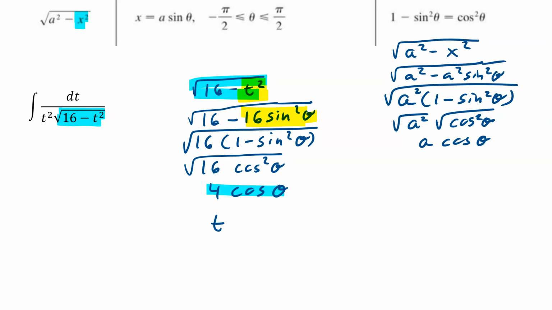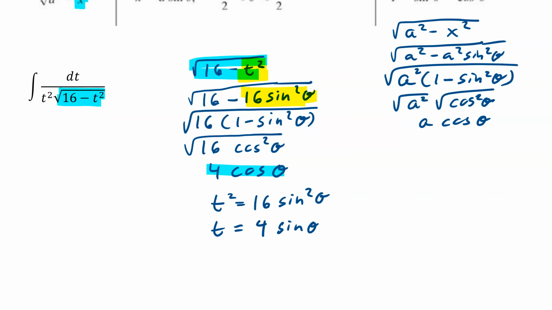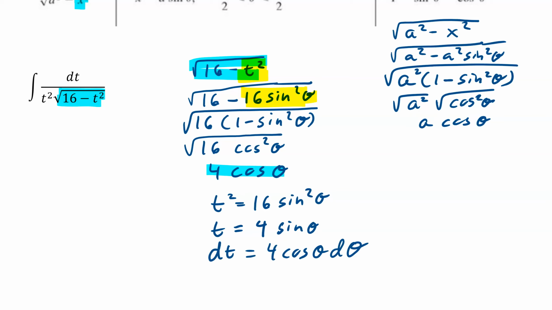So that means our t squared is equal to 16 sine squared theta, which means t would have to be 4 sine theta using a square root. And anytime you do a substitution, we're replacing t with theta, in this case t with a sine theta, then we have to find out what our dt represents as well. So we end up with that.